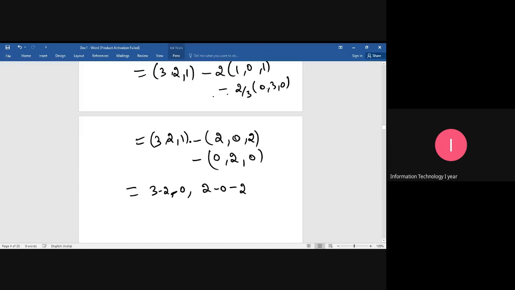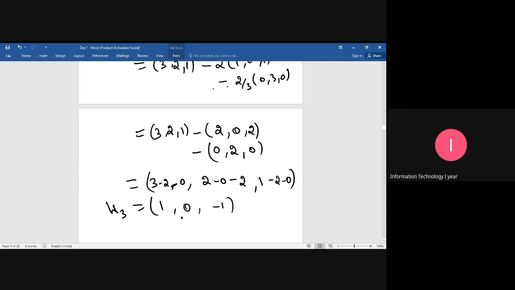Then the last element: 1 minus 2 minus 0. So this is the answer for W3. W3 is equal to 1, 0, minus 1.